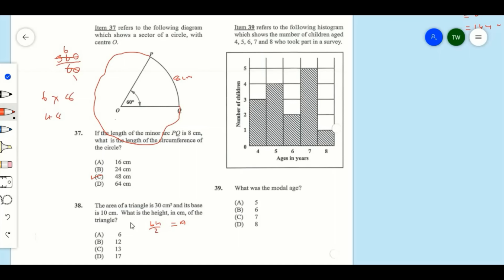Now we know the base here. So the base here is going to be 10. So it's going to be 10h over 2, which is going to equal the area, and the area in this case is going to be 30.